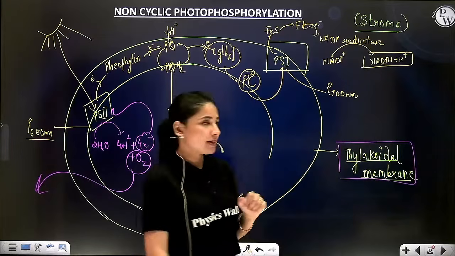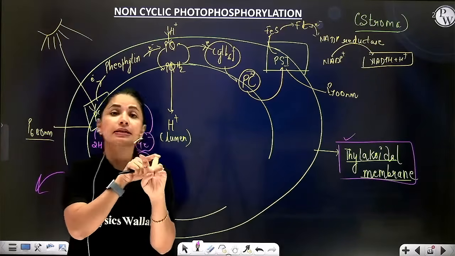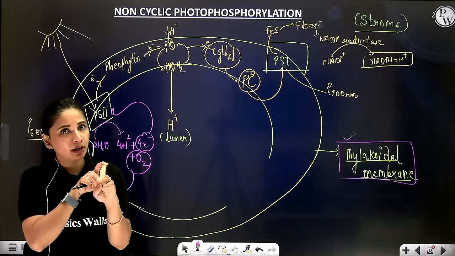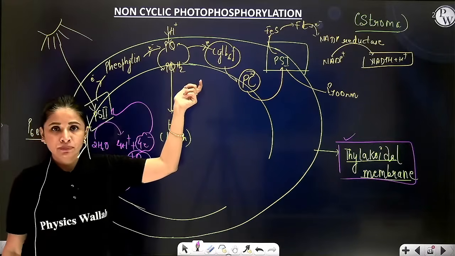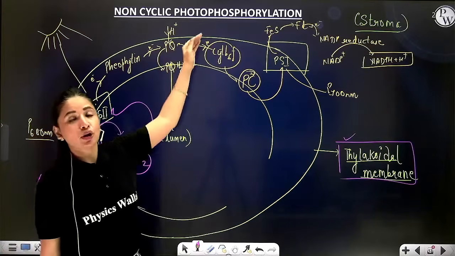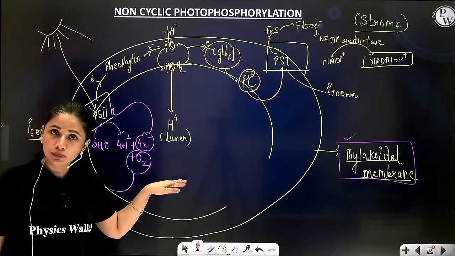First requirement is completed. Second requirement for ATP synthesis is proton pumps on this thylakoidal membrane. So you can see plastoquinone, it is acting as a proton pump also. How? It is taking the proton from the stroma and pumping it to the other side, that is lumen.